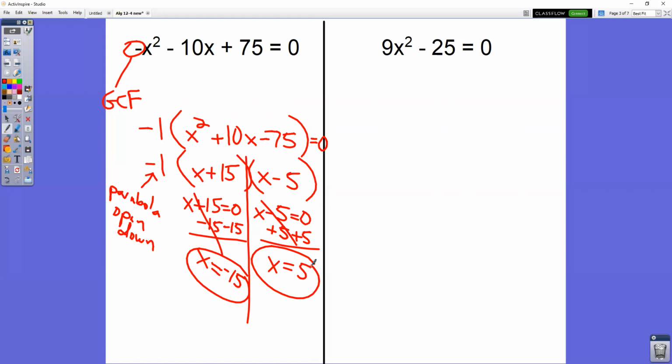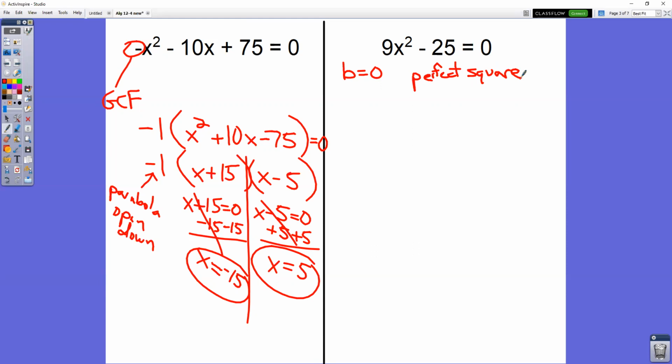Take a look at the next one. Notice that this next one does not have a b term. The b term here is equal to 0. Well, think back to the first part of this chapter. When it has a b term of 0, we want to look for the difference of two perfect squares. 9 is a perfect square, 25 is a perfect square.